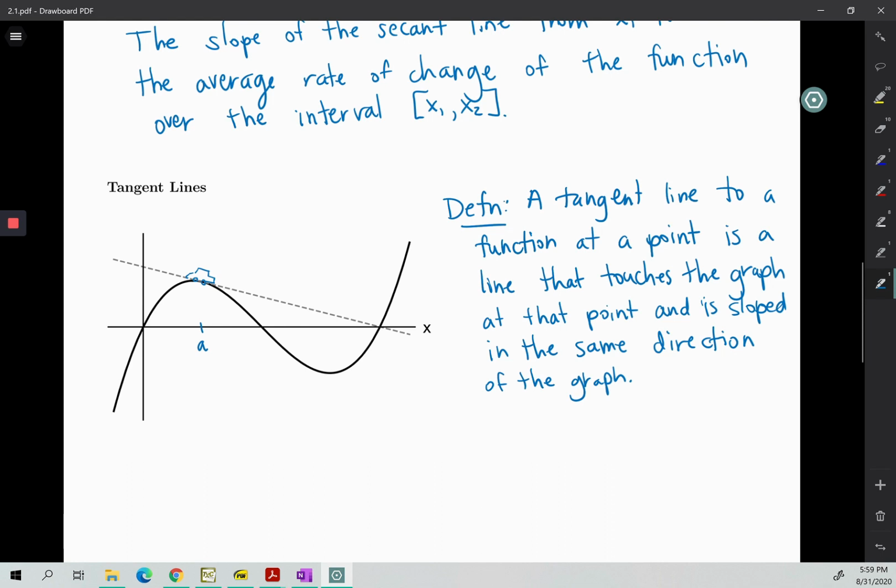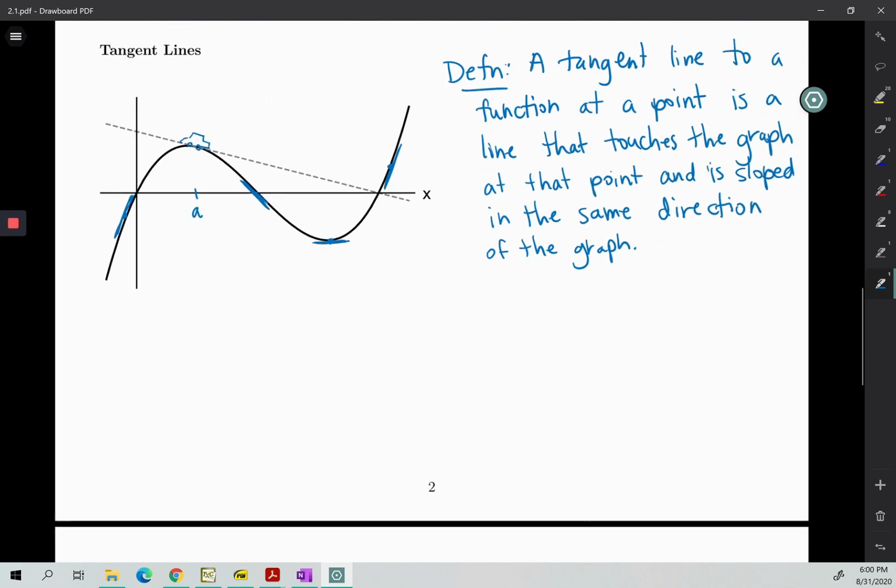It will just follow this line. So that's one way of visualizing this. Notice that at each point you can get a tangent line. Here it would look something like that. At the bottom of this curve, it would be flat like that. And then here, each of these. Okay, so that is the tangent line.